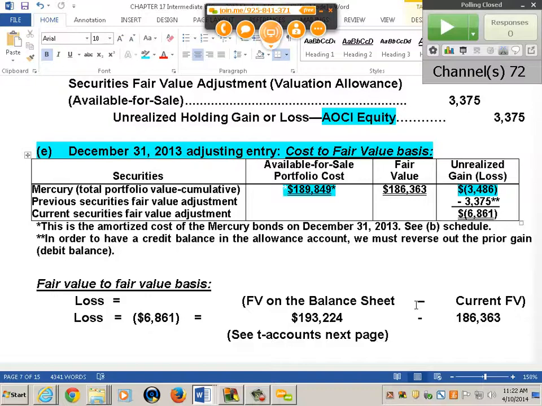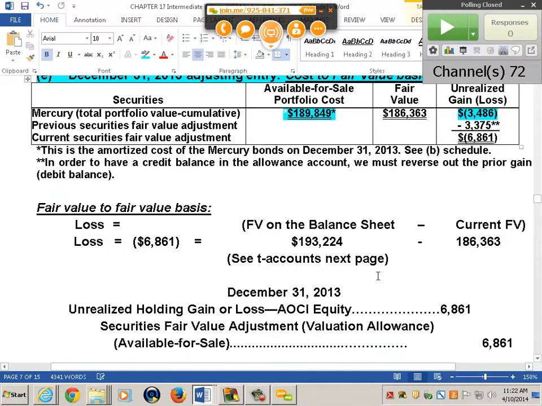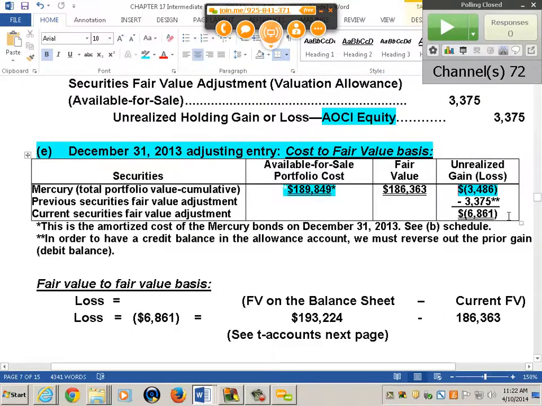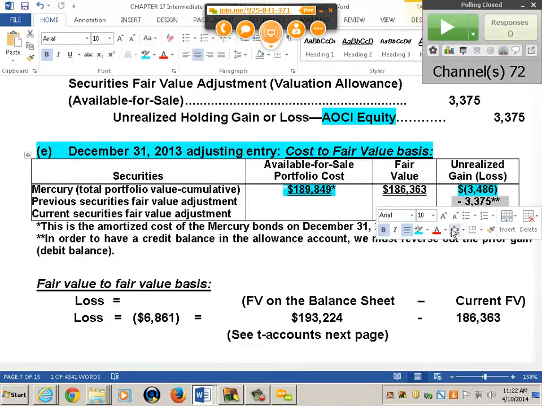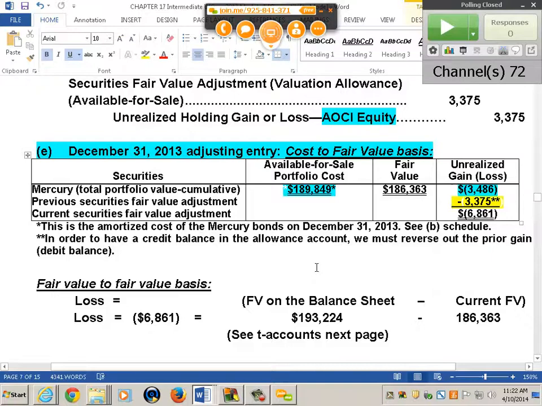So if you look at the table, the first thing you're doing when you make an adjustment for 6,861, the first thing is here in the blue, you debit or you remove, let me make this in yellow so we can change it a little bit. So the first thing I'm going to do is come up with a loss of 3375 to reverse out the prior gain.